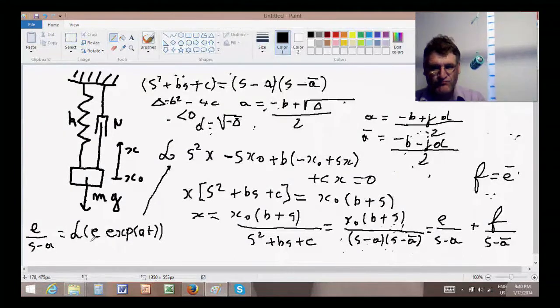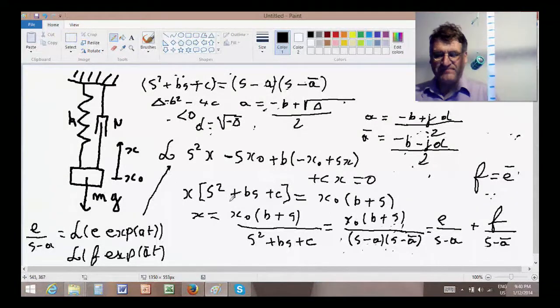Likewise, f over s minus a bar is the Laplace transform of f times the exponential of a bar times t.